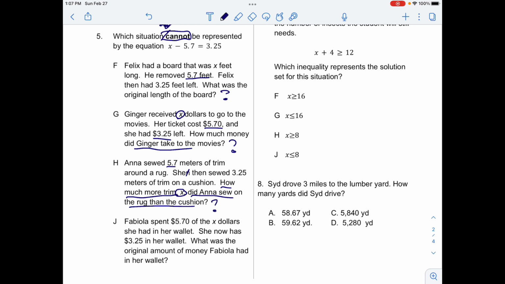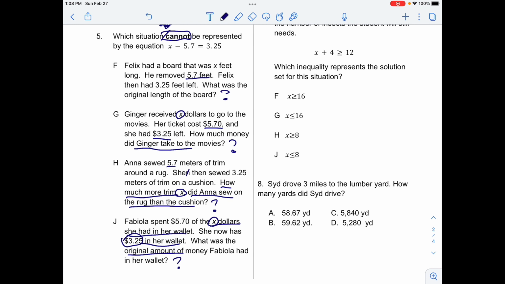Fabiola spent $5.70 of the X dollars she had in her wallet. She now has $3.25 in her wallet. What was the original amount of money Fabiola had in her wallet?